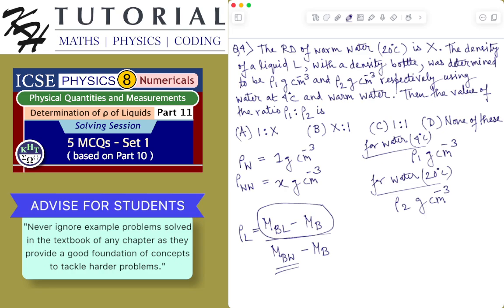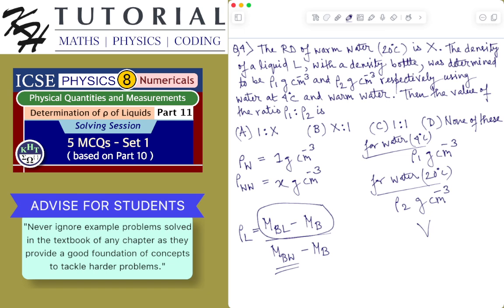Now, whether we are using water at 4 degrees centigrade or at 20 degrees centigrade, the capacity of the density bottle, that is the volume of the density bottle, is not changing.